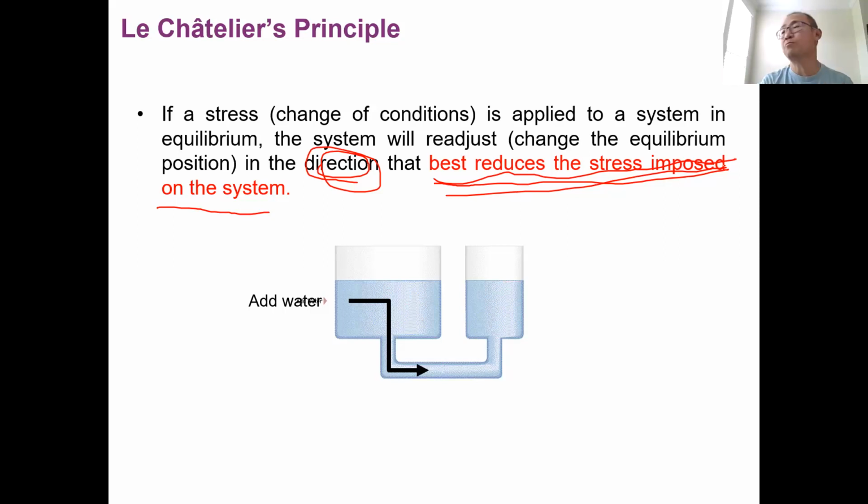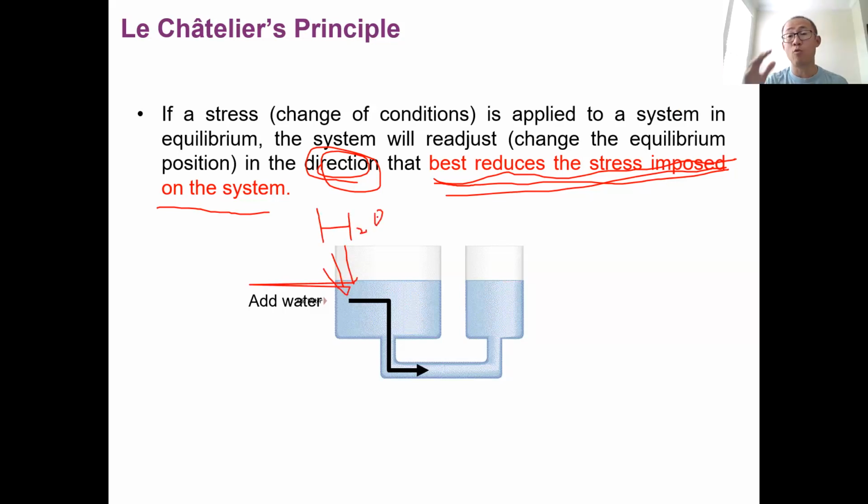In order to explain this principle, I want to show you a very simple physical experiment, not even a chemical reaction, but it will show you what Le Chatelier's principle means. Think about two connected tanks, a big tank and a small tank. It doesn't matter the size, they're connected, so the water level will be the same. We can use that to mimic an equilibrium. It's a perfect equilibrium, the levels are the same. Now, imagine you add water to the left tank.